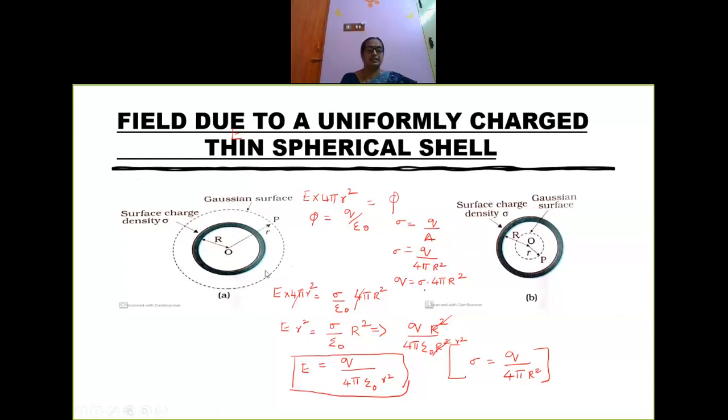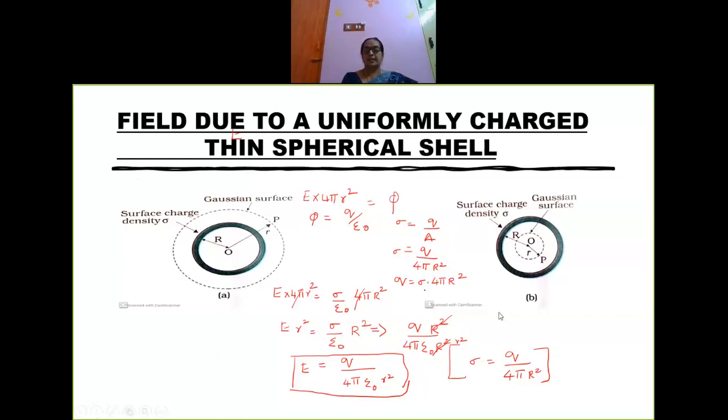So instead of small r square, I will just have capital R square, because the point is on the shell. So the electric field will be q by 4 pi epsilon naught R square, children.